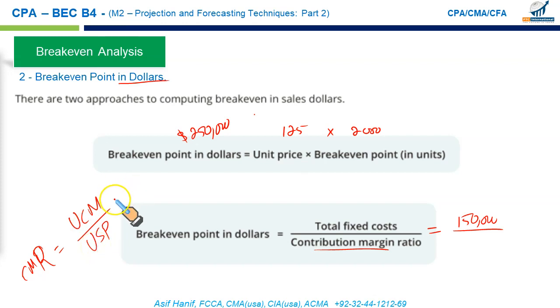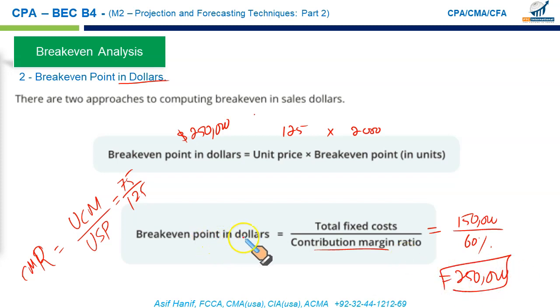We have our unit contribution margin of 75 and our unit selling price of 125. So 75 is what percentage of selling price? That is 60%. So 150,000 divided by 60% gives you the same answer as shown above.